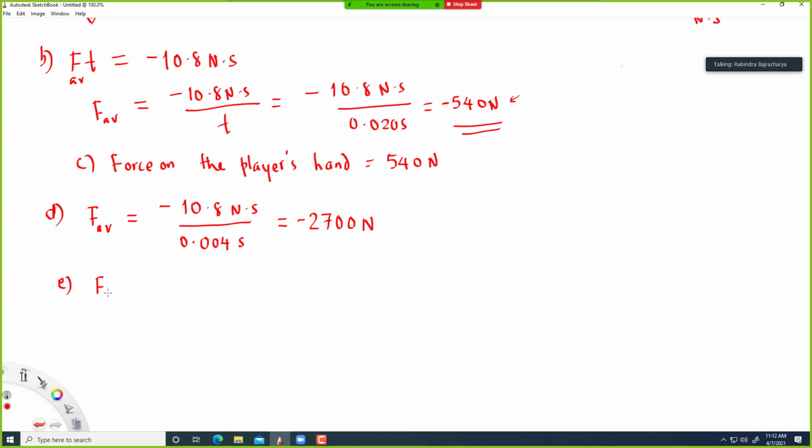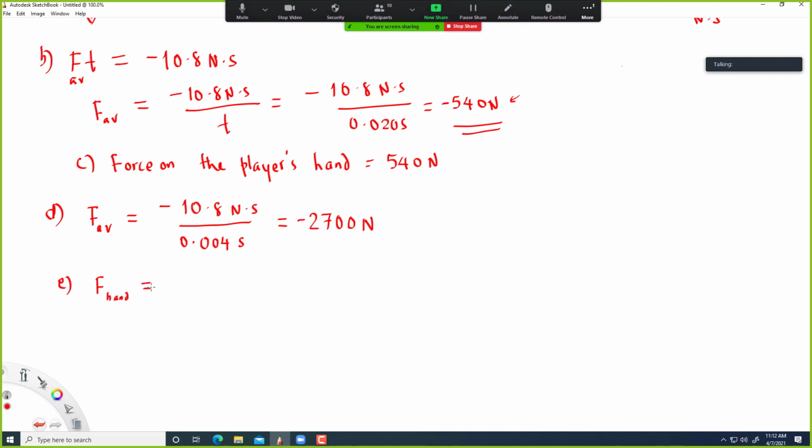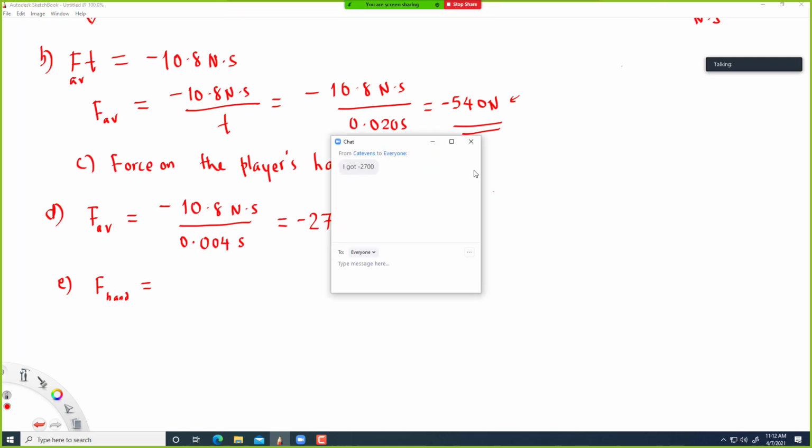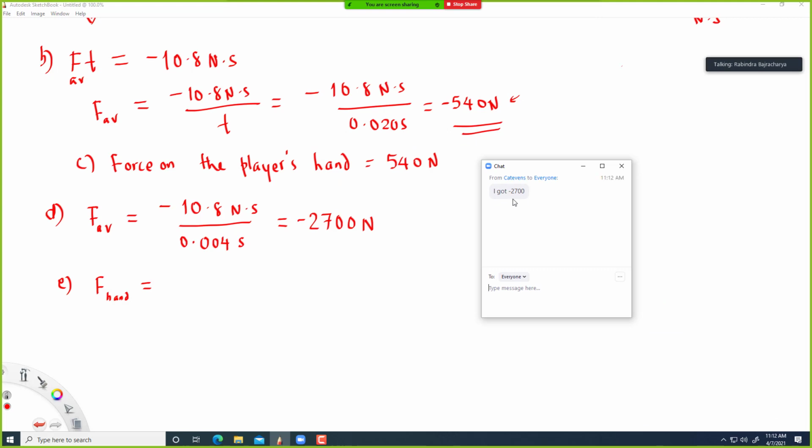So force on hand. Yeah, so negative 2,700, that's right. So this would be 2,700 newtons.